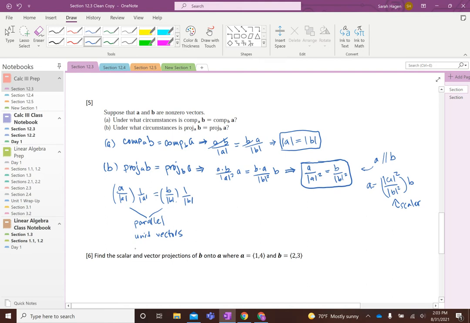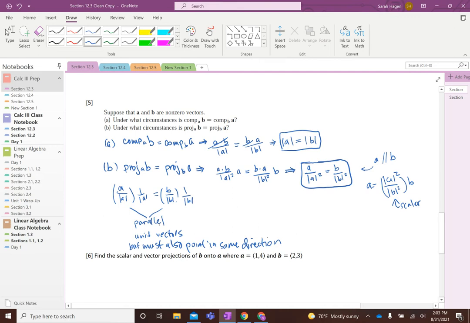And so we have to say, well, then not only are they parallel unit vectors, but they must also point in the same direction. And so these two unit vectors are parallel and point in the same direction.